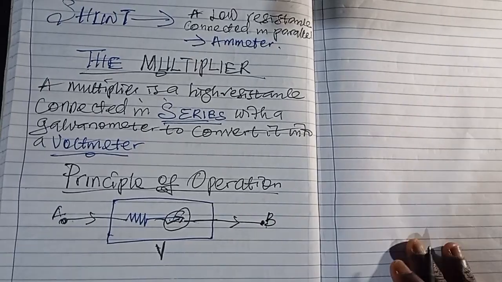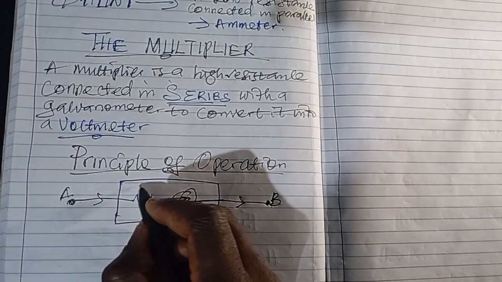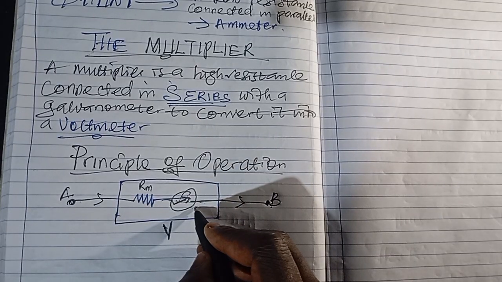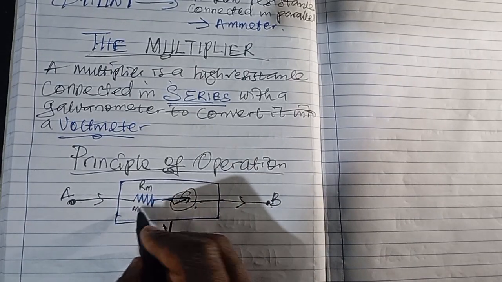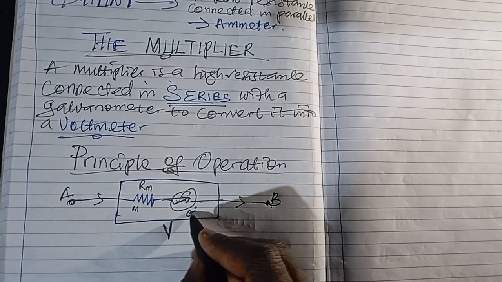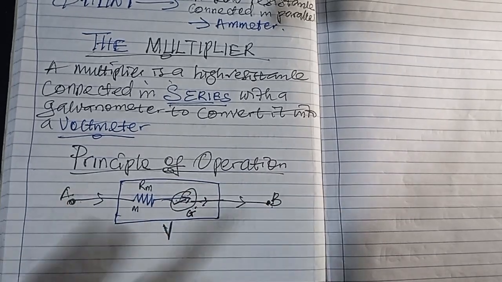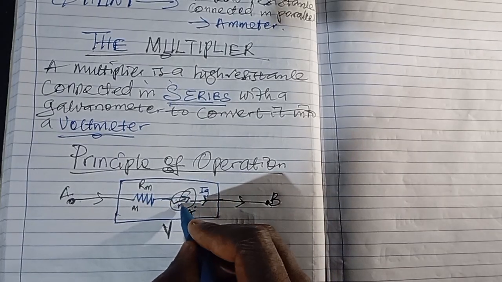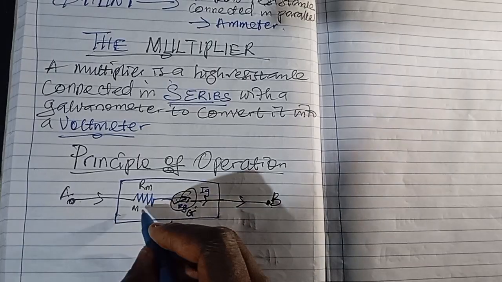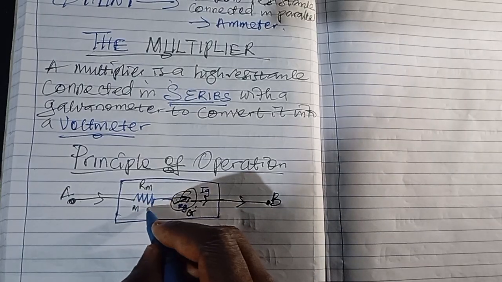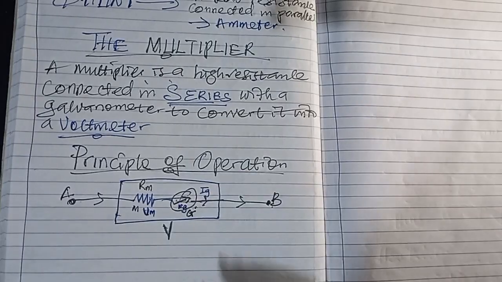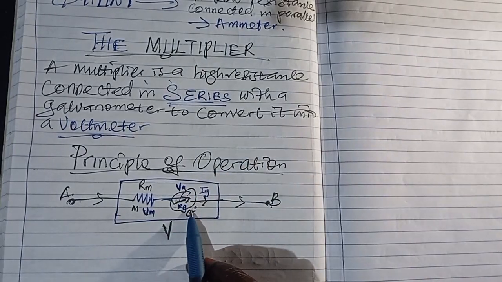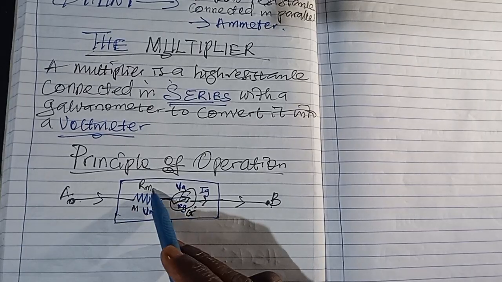Let's say terminal B. So if this is R, this is Rm, this is our galvanometer here, remember? So this is multiplier M, this is galvanometer G. Over here, we can have our Ig, then we still have Rg here. Then over here, let's say there is a voltage, that is Vm, and there is also a voltage here, that is the voltage in the galvanometer. Alright, but this resistance is called the multiplier.